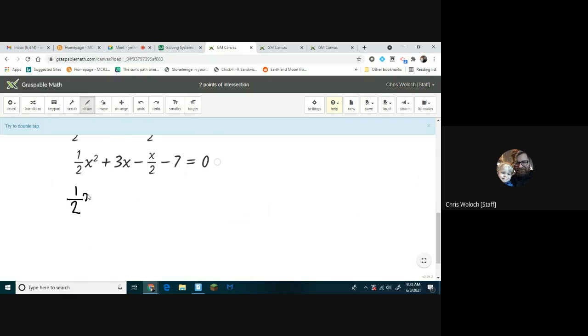I'm going to solve this one by hand right now because this didn't happen to me before. So again, here I have 3 minus a half, which will be 6x minus x over 2, minus 7 equals 0.